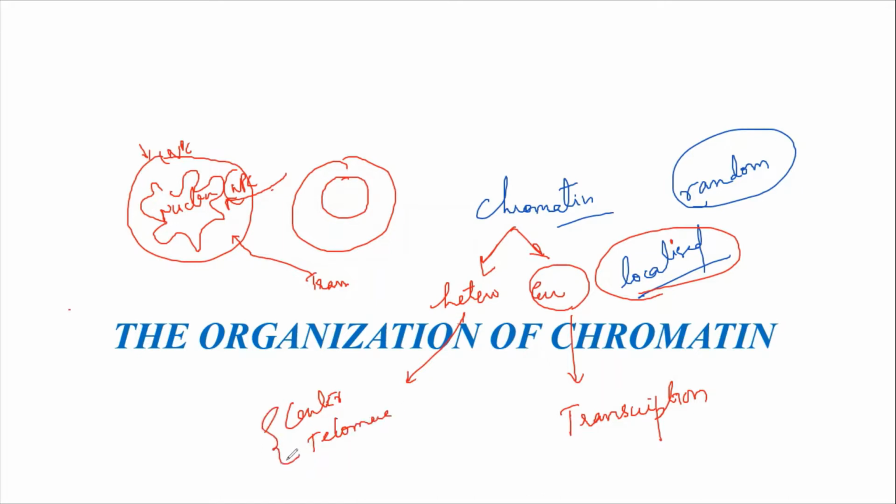These are always in a condensed form, and here we need the nucleosomes to leave the DNA so that transcription or any gene expression can take place. So the euchromatin regions should be near the proteins so they are accessible, whereas centromere and telomere do not take part in gene expression, so there the requirement of protein is less. Are you able to follow?